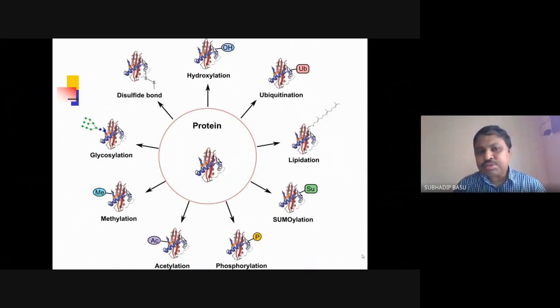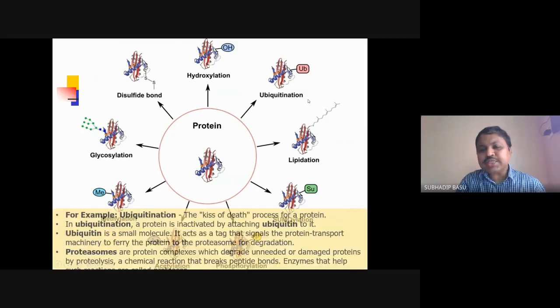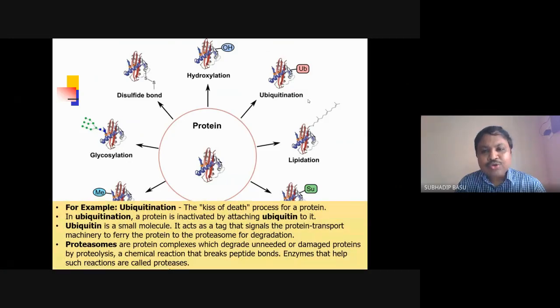And so that is the post-translational modification, because you have a finished protein. And then once you have a ubiquitin attached to it, we call it a ubiquitination. So what is this? For example, ubiquitination is called the kiss of death process of a protein.